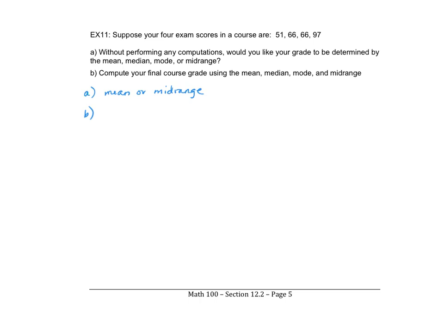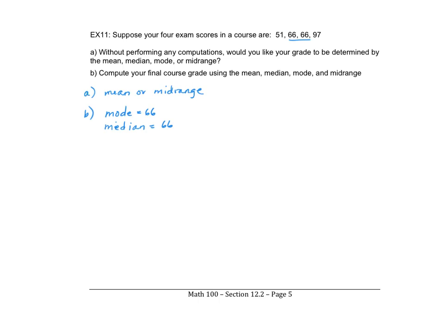In part B, compute your final course grade using the mean, the median, the mode, and the mid-range. Let me do the mode first since that's easy. The mode is 66. It's the data item that shows up the most. And the median is also 66 because we have the 2 middles.